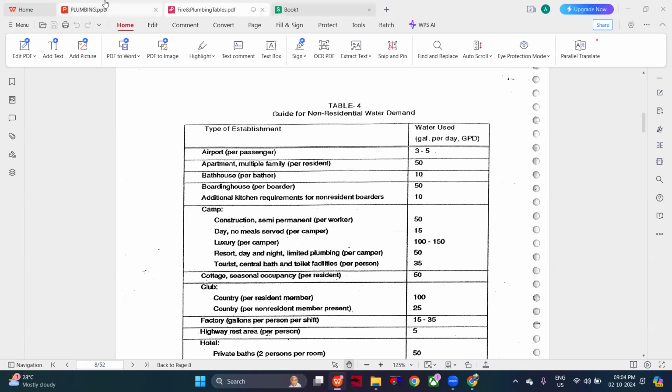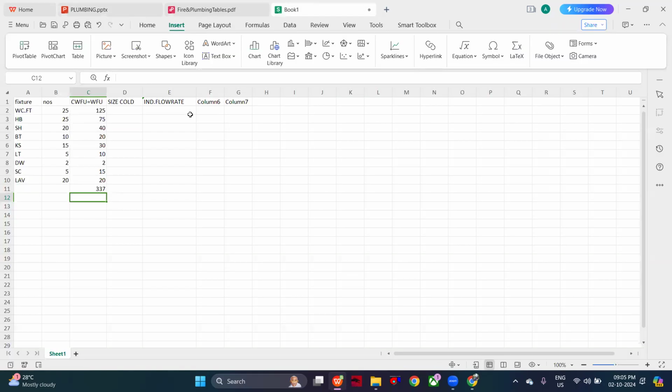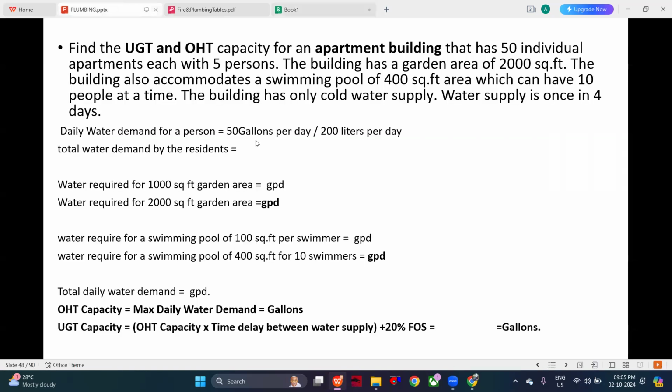Here we have 50 individual apartments with 5 persons each, and each person needs 50 gallons. Total 12,500 gallons for those people.